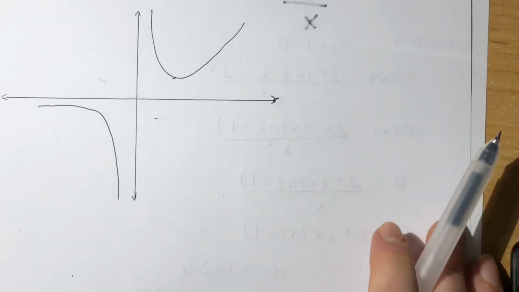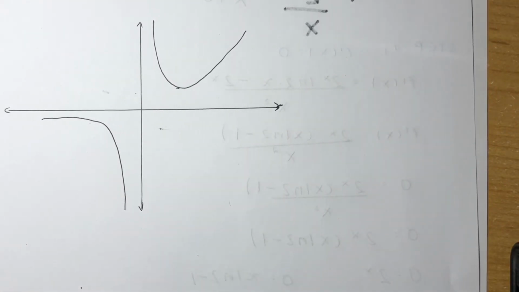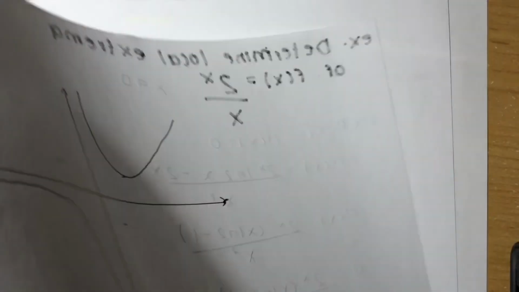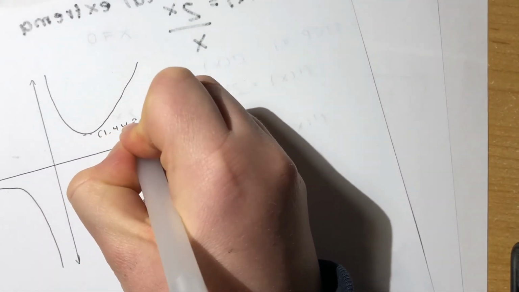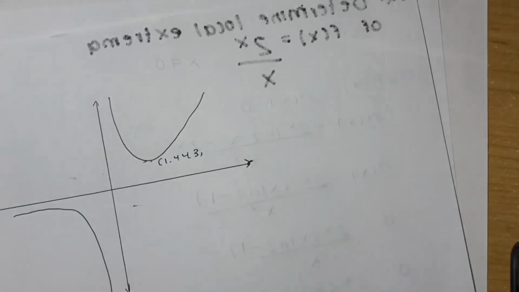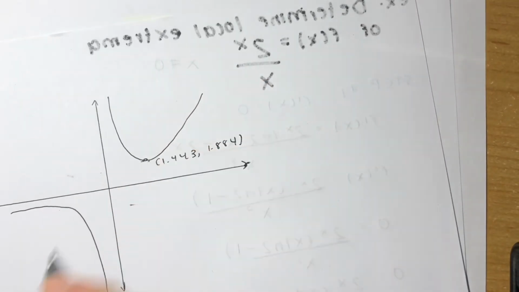We can use that to actually graph our function. By doing so, we have 1.443 and 1.884 to be our local minimum.